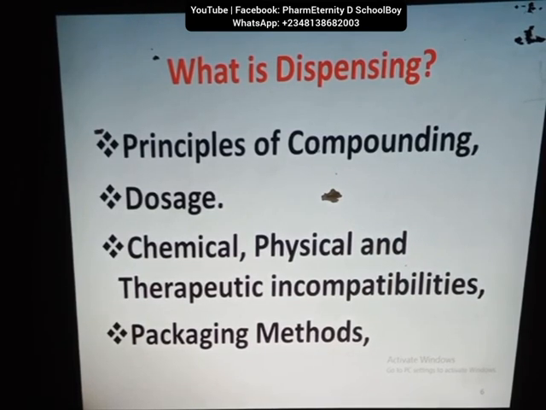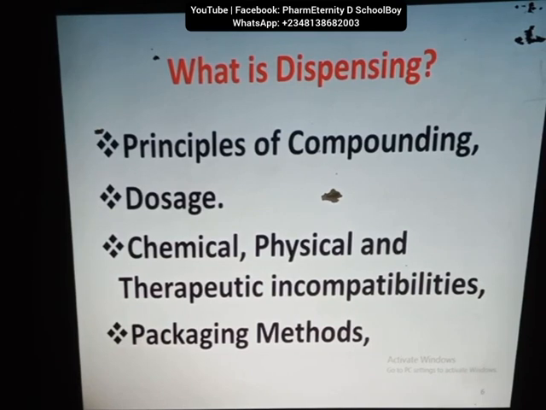Remember, when we talk about dispensing, it's not just about giving the medicine to the patient. It starts from the preparation. So if you don't know about chemical, physical, and therapeutic incompatibility, how will you be able to prepare this medicine, and how will you be able to give it to the patient and tell the patient, don't use it with this medicine, that this will happen, that this will happen?